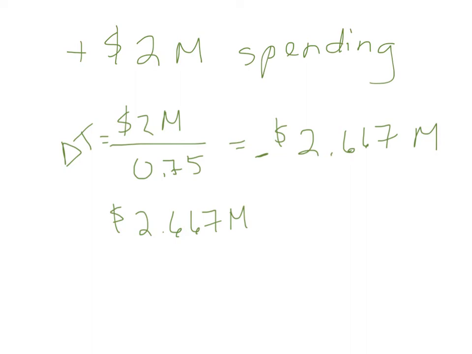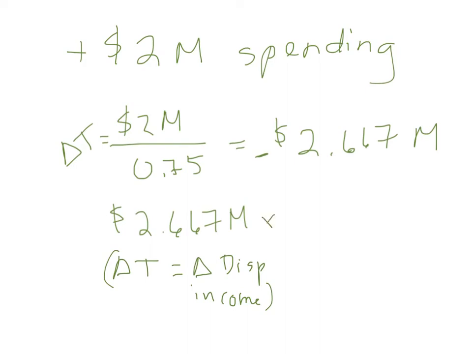So this change in T is also essentially equal to a change in disposable income. When people receive this $2.667 million, they save part of it and they spend the rest.